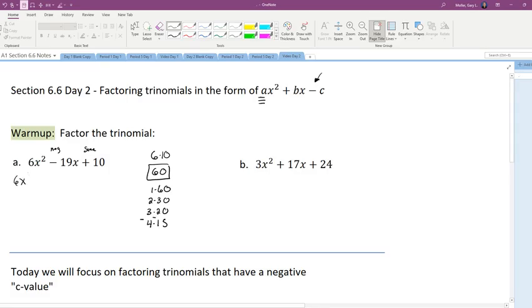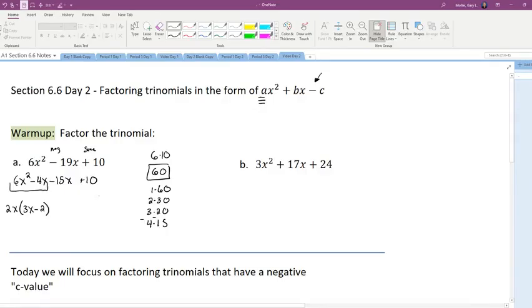Rewrite 6x squared minus 4x minus 15x plus 10. -4 and -15 make -19. Same problem, we've just rewritten it. All right, looking at the first two, I can factor out a 2 and an x, giving me 3x minus 2.